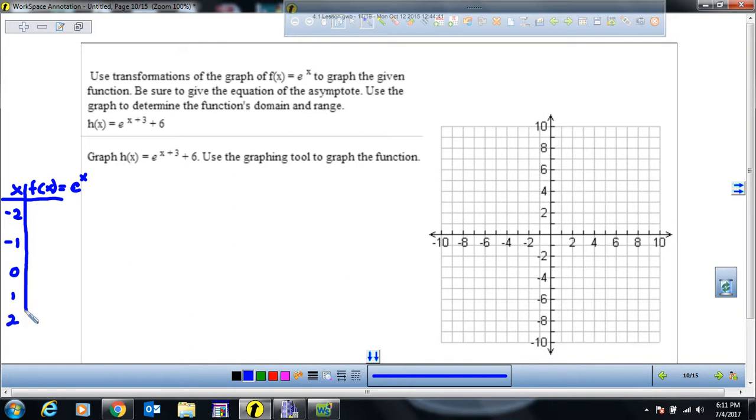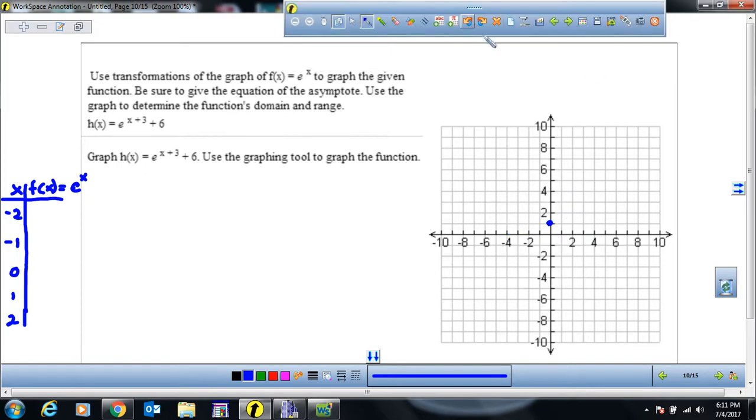We already know that the number e is about 2.718285 and so on, so its approximate value is 2.7. That means that since this base is greater than 1, and it is a function in the form b to the x power, it's going to intersect the y-axis at 0, 1 again, and it is going to be increasing as it goes to the right. So this is basically what the shape of that function has to look like.